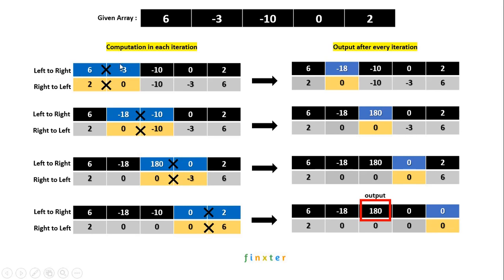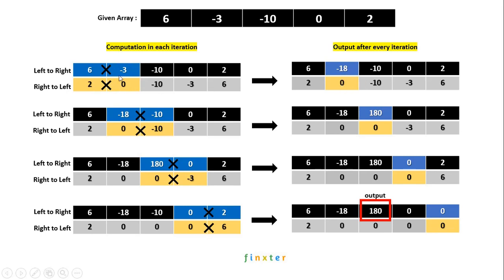In that case, in the first iteration, you multiply -3 and 6 and then store the result of this multiplication in the current index. That is, in place of -3, this array will now store -18. Similarly, when you traverse from right to left, you multiply 2 and 0 and then store 0, which is the result of this multiplication, in the current index.